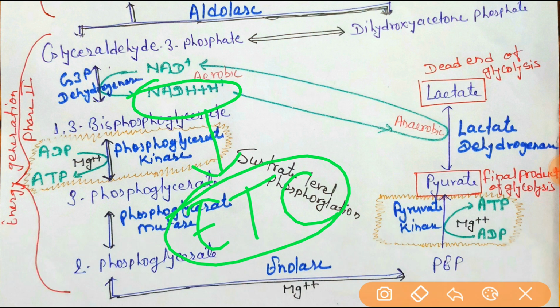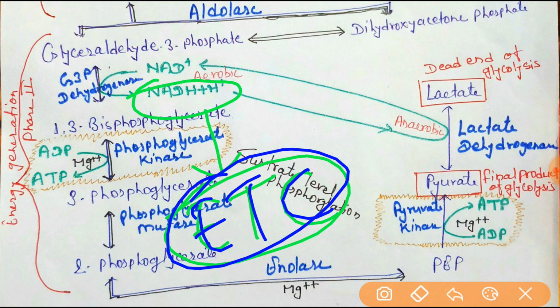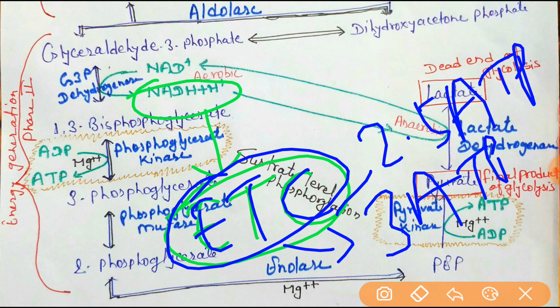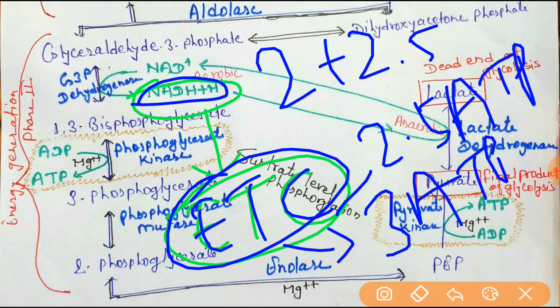This electron transport chain gives rise to, in the older concept, 3 ATP and in the newer concept 2.5 ATP. So if we include the NADH plus H plus, then total net gain of the ATP will be 2 plus 2.5, that means 4.5 ATP.